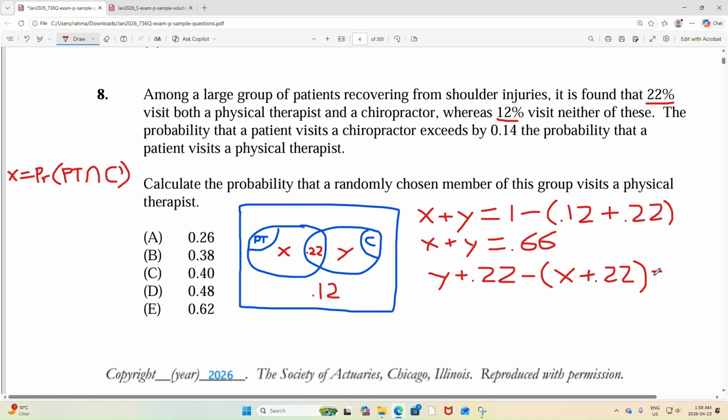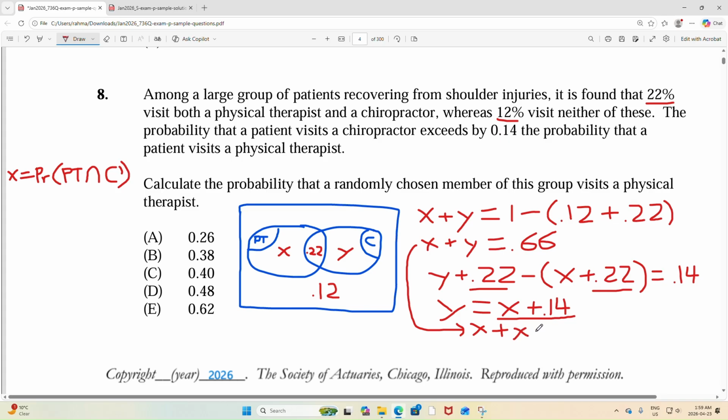And we're given that that equals 0.14. The 0.22 and the 0.22 are going to cancel out. And we'll just be left with Y equals X plus 0.14. Now we can plug in here. X plus Y is just this.